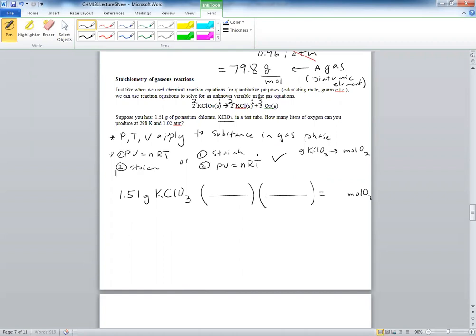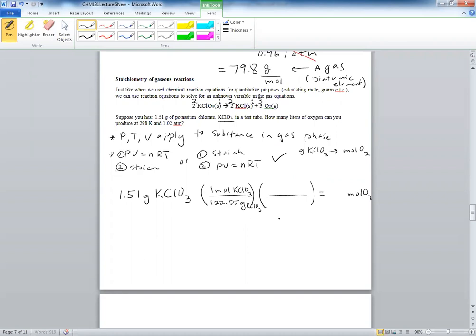If you recall from stoichiometry, we would have to divide by the molar mass of potassium chlorate first. That would be, if you calculated, 122.55. Once again, you get this from the periodic table. And you have 1 mole of potassium chlorate.